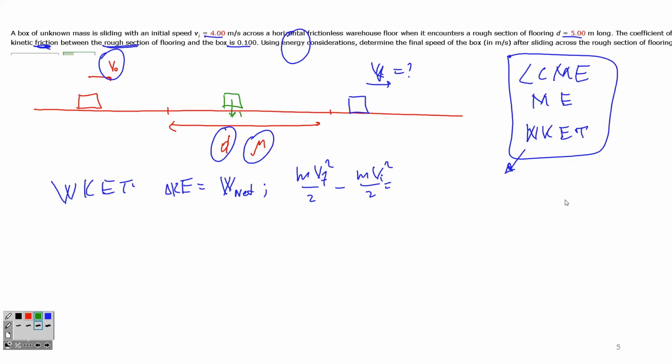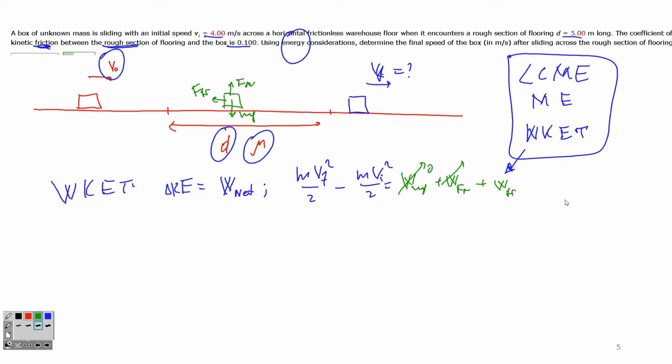So we've got the force of gravity here, we've got normal force there, and we've got force of friction. And gravity doesn't do work. Normal doesn't do work in this case. So the only work done is by friction.